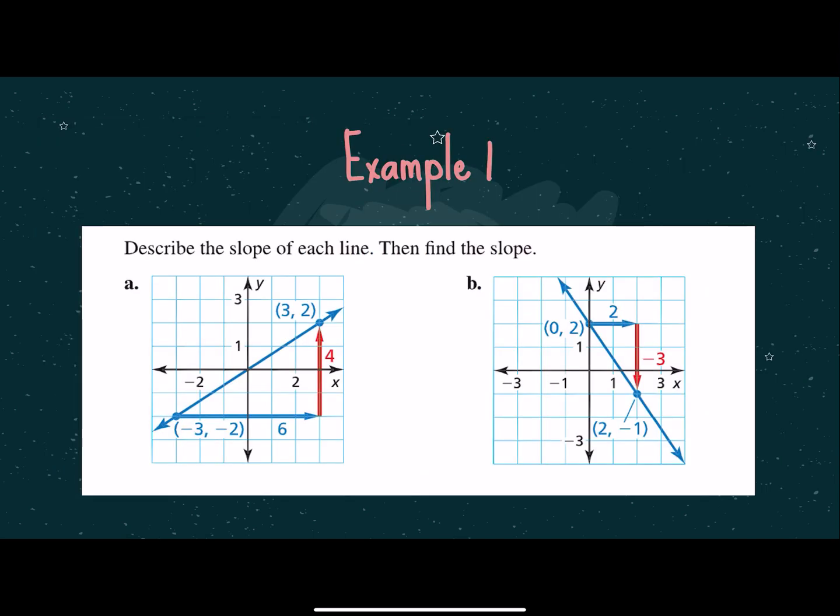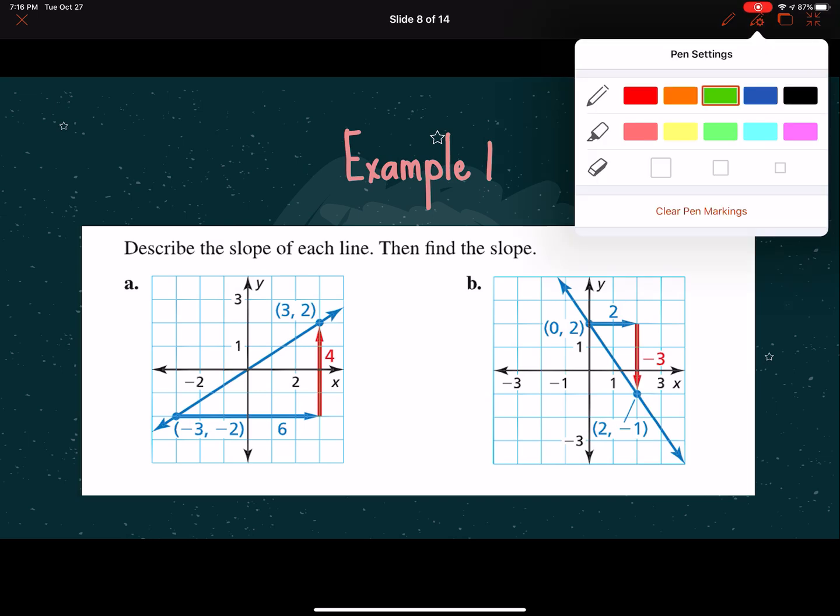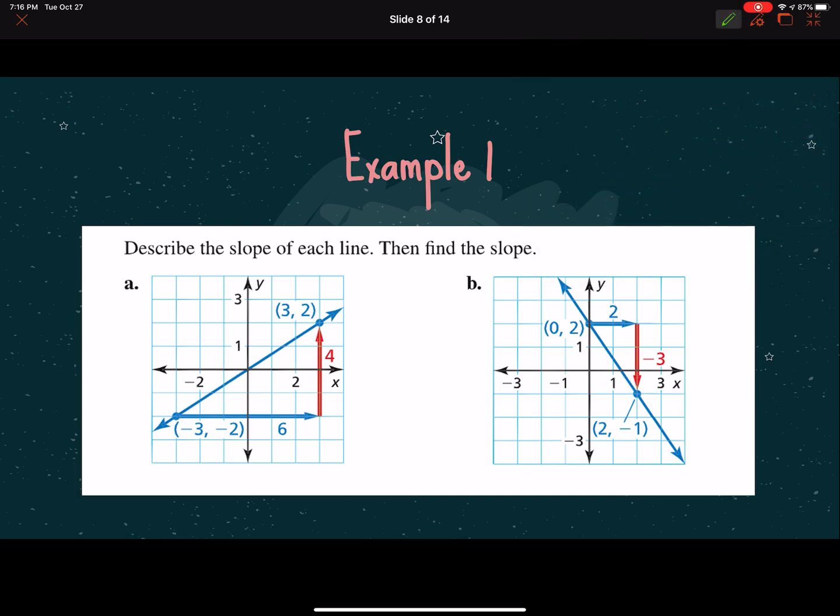Okay, let's talk about example 1. Example 1 says describe the slope of each line, then find the slope. Now we've got some methods here, some strategies that we can use. And first of all, I'm going to show you the strategy with the slope formula. So if you didn't write it down earlier, you might want to make note of your slope formula.